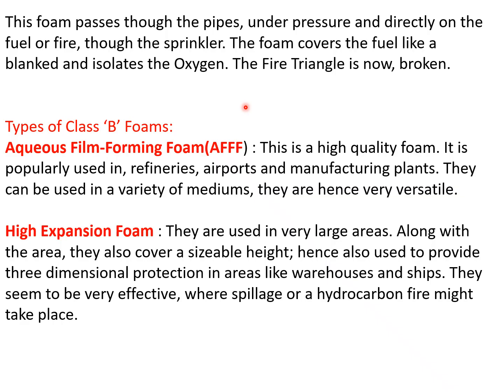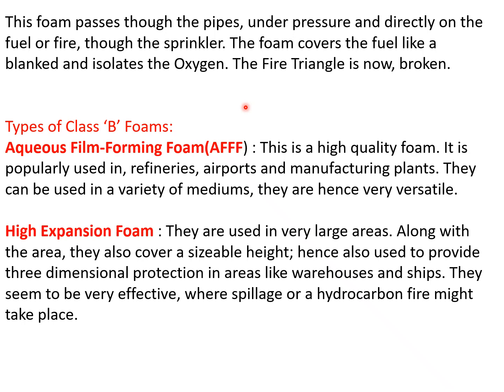There are two types of foams: aqueous film forming foam. This is a high quality foam. It is popularly used in refineries, airports, and manufacturing plants. They can be used in a variety of media. They are hence versatile. The second category is high expansion foam.